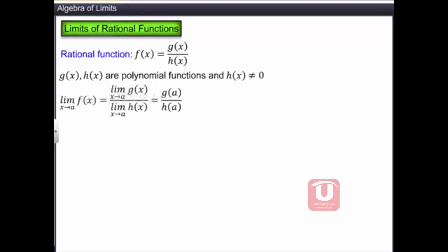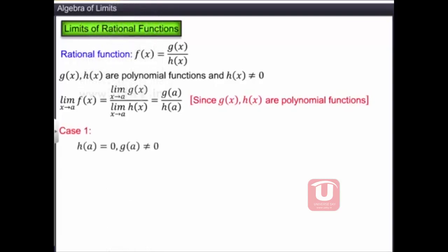If we wish to find the limit of the function as x tends to a real number a, then we have these cases. A case where h of a is equal to 0 and g of a is not equal to 0. In this case, the limit does not exist.